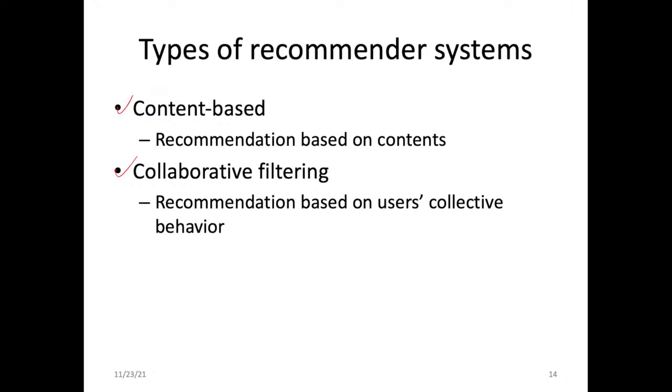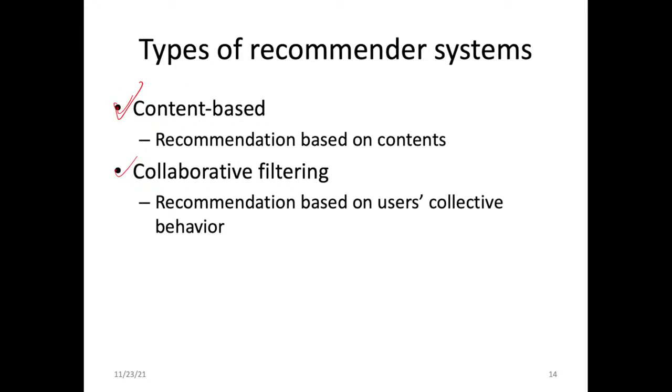So for example, based on perhaps experts' knowledge, they might say that males tend to prefer certain kinds of movies. Females may tend to prefer certain kinds of movies. Or perhaps kids tend to prefer certain kinds of movies. Adults tend to prefer another kind of movies. So based on these attributes, you might be able to define some rules. That's what I call content-based methods.